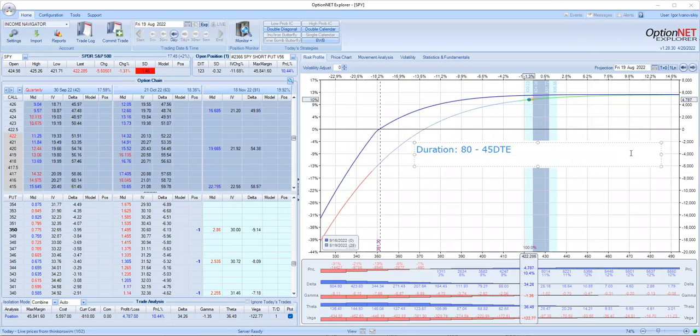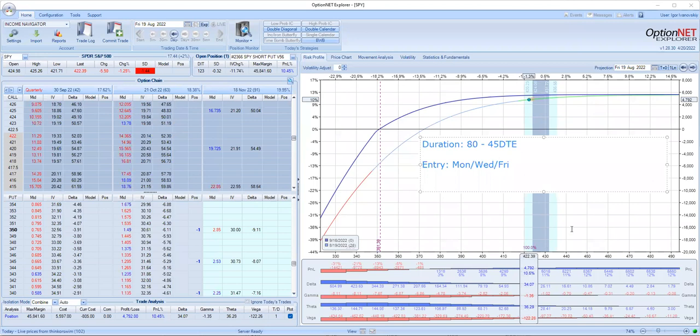Then we have entry. We'll go Mondays, Wednesdays, and Fridays. Can you guys see that? All right, notes are good.